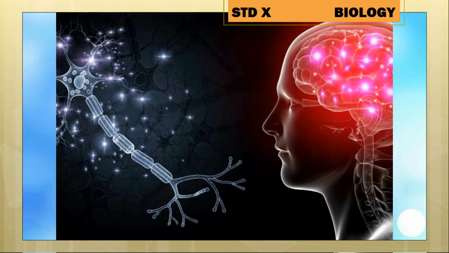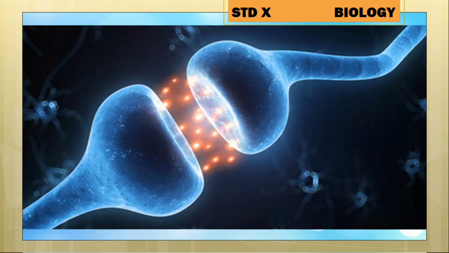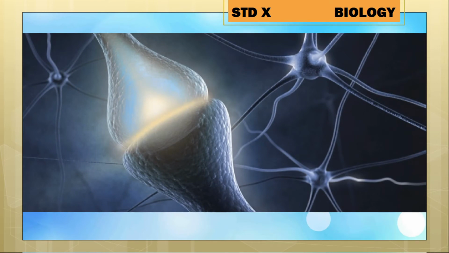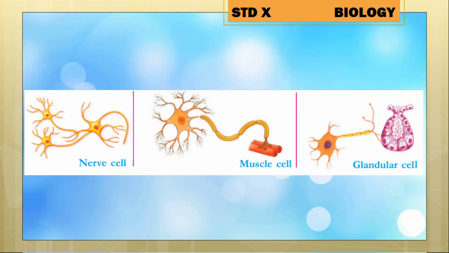To make this possible, the impulses found in a neuron are to be transmitted to other neurons and associated cells. How does this become possible? There comes the role of synapse. Synapse is the junction between two neurons or a neuron and a muscle or a neuron and a glandular cell.